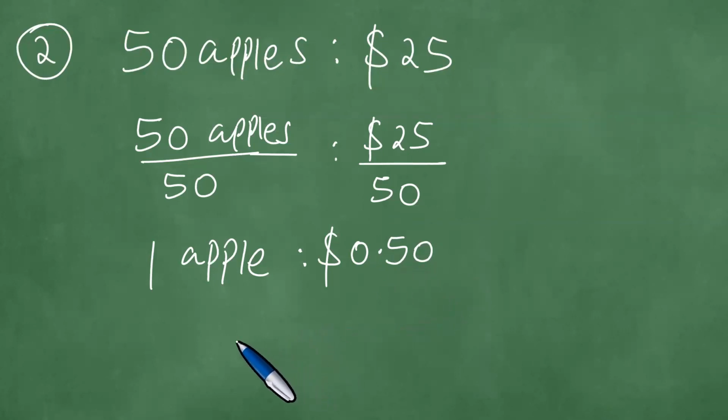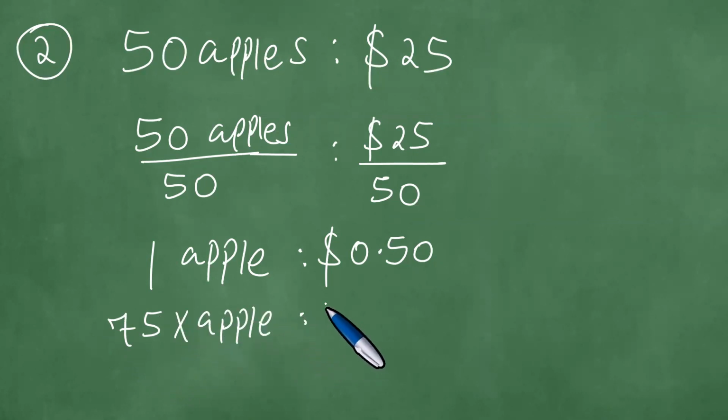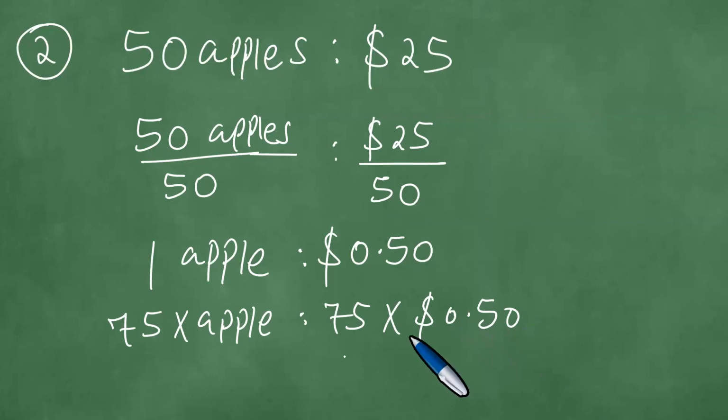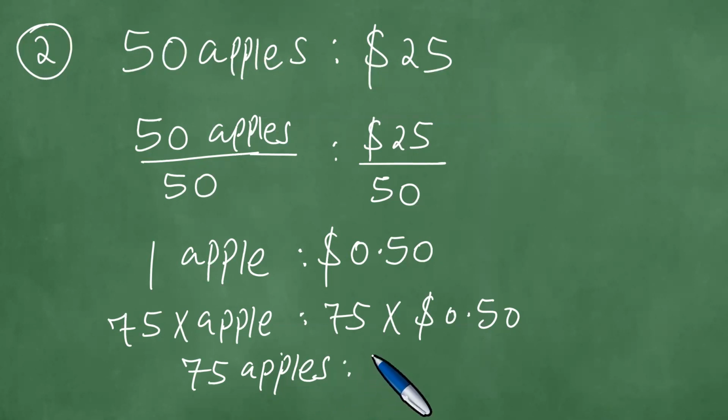Okay, right. Now we are interested in how much the 75 will cost. So we take 75 times the cost of one apple, which is 0.5. So the 75 apples will cost, as I said, $37.50.